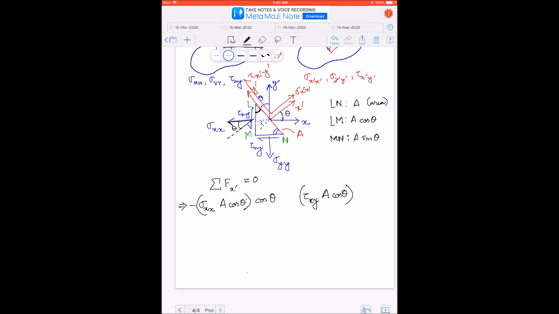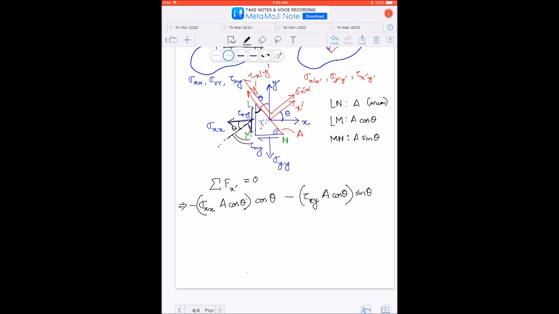This is the negative y direction, and we have to take the component of this along this line again, and this angle is 90 degrees minus theta. So this is a sine theta, and this is again in the negative x direction, so we have a minus here.